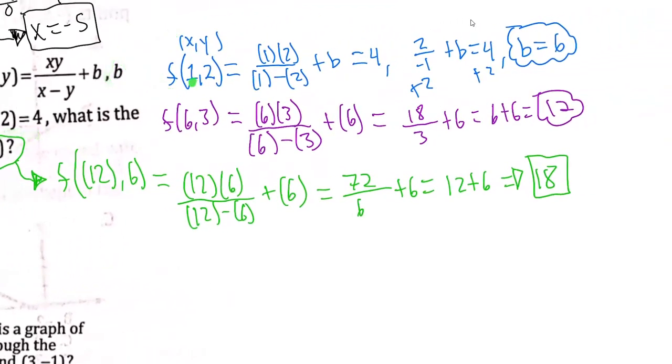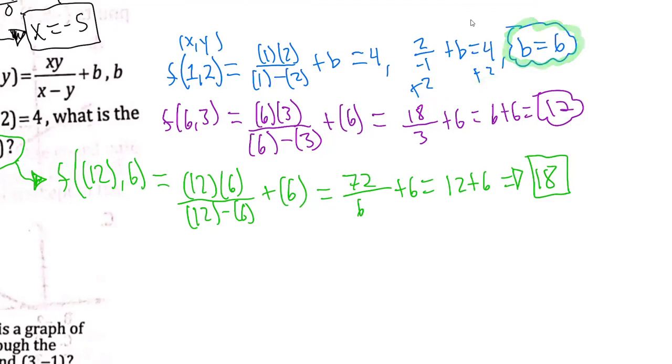We plug in 1, so my x value is 1, my y value is 2. The formula is x minus y plus b, and b is what we're solving for. So then you plug it in, you get 2 minus 1, which is 1, so then b equals 6.